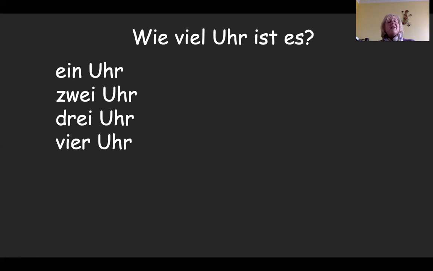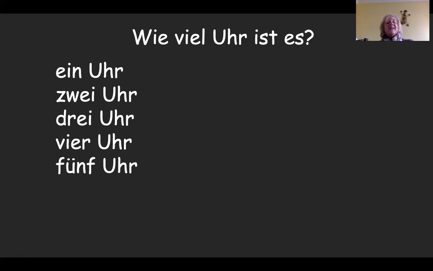So what would be 5 o'clock? 5 Uhr. And by the way, if you want to say an hour, you can't say Uhr in that situation. It's eine Stunde. So Uhr is just literally a clock, eine Uhr is a clock that hangs on the wall, or it is literally o'clock. But an hour is eine Stunde.